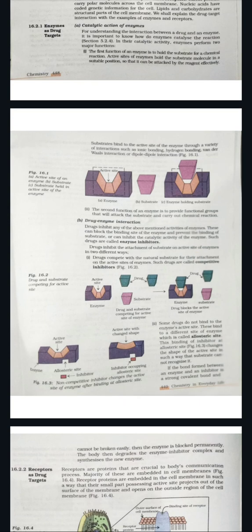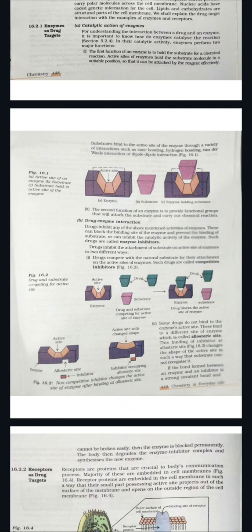Drug enzyme interaction. Drugs inhibit any of the above mentioned activities of enzymes. These can block the binding site of the enzyme and prevent the binding of the substrate, or can inhibit the catalytic activity of the enzyme. Such drugs are called enzyme inhibitors. Drugs inhibit the attachment of the substrate on the active site of enzymes in two different ways. Drugs can compete with the natural substrate for their attachment on the active site of the enzyme. Such drugs are called competitive inhibitors.